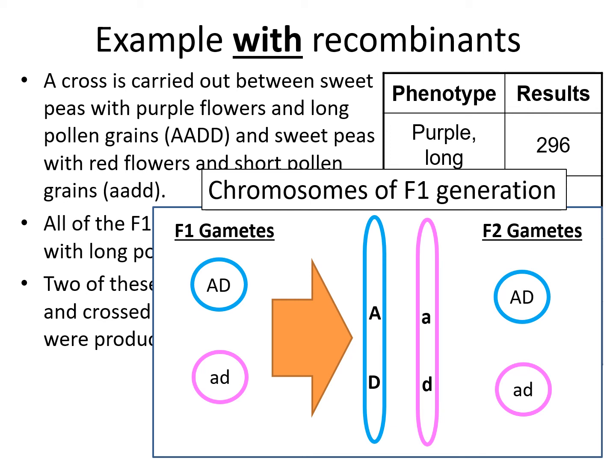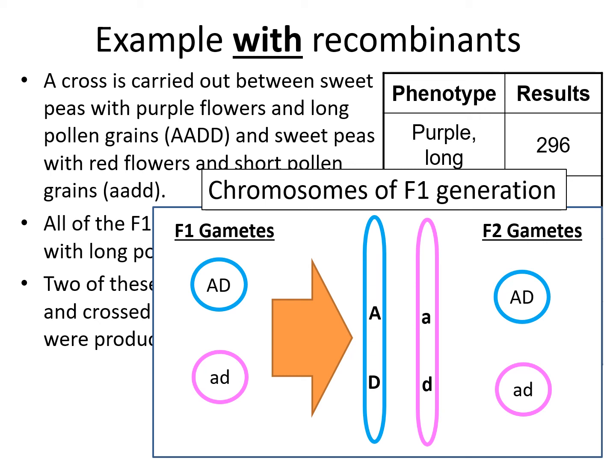So you would expect to find the uppercase A phenotype, which in this case is purple, and the uppercase D phenotype, which in this case is long pollen grains, in very high numbers because they are linked on the same chromosome.